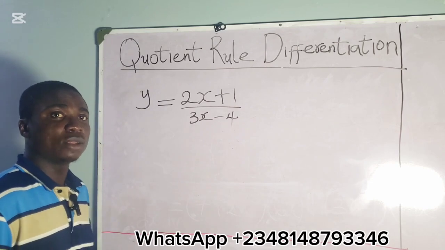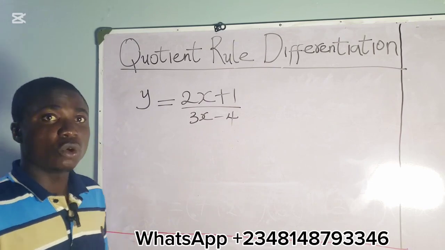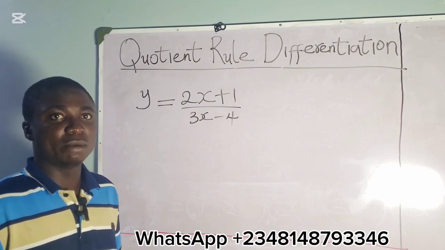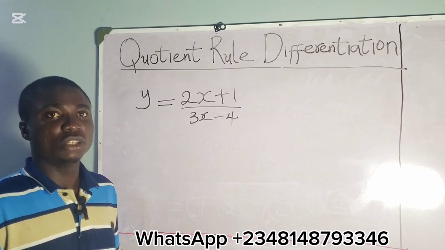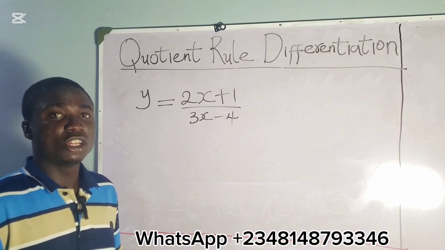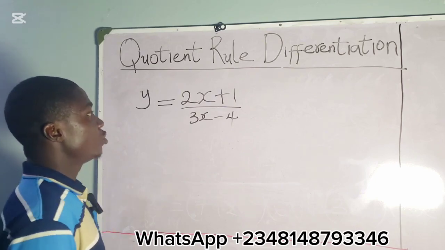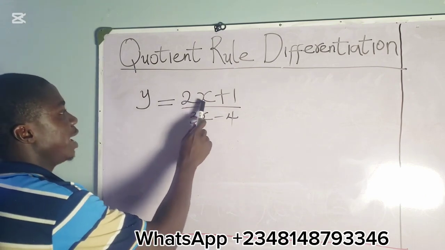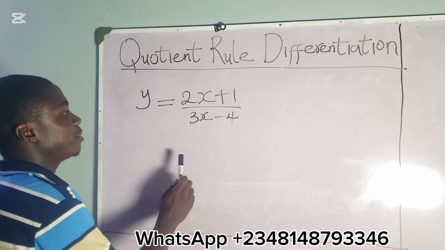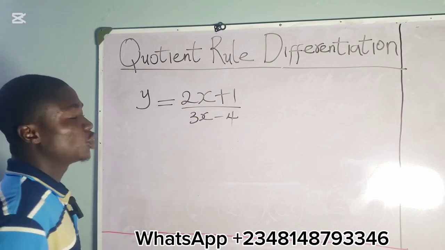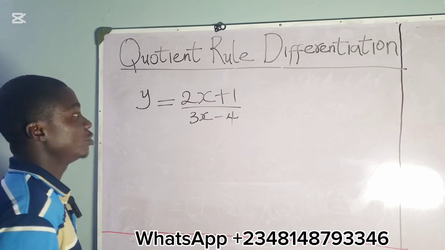The quotient rule method of differentiation is only used when two terms divide themselves. So you can see here that 2x + 1 is being divided by 3x - 4. So we'll simply use the quotient rule method of differentiation.